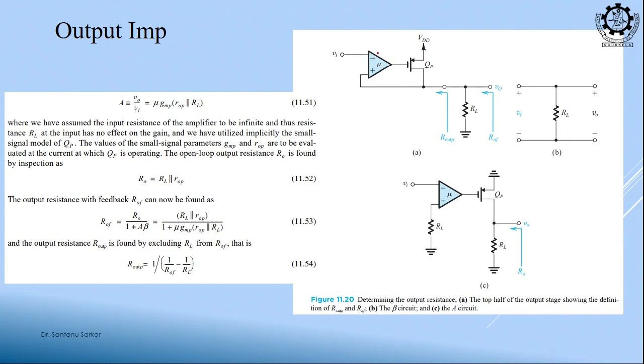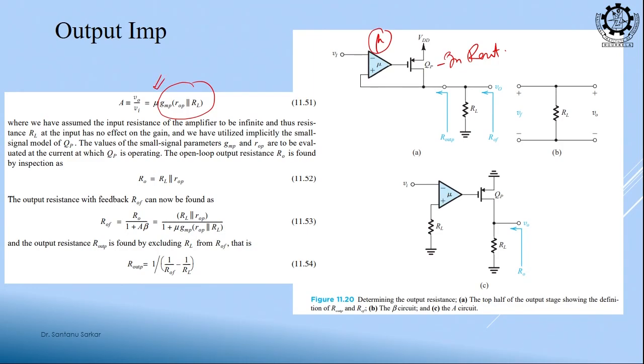Suppose the gain of this is mu, do not get confused with this mu as the transconductance mu. So, this mu is GMRD, right. So, its gain is minus GMRD. What is RD? ROP parallel RL. So, this is my feedback portion and this is my main gain portion, right.